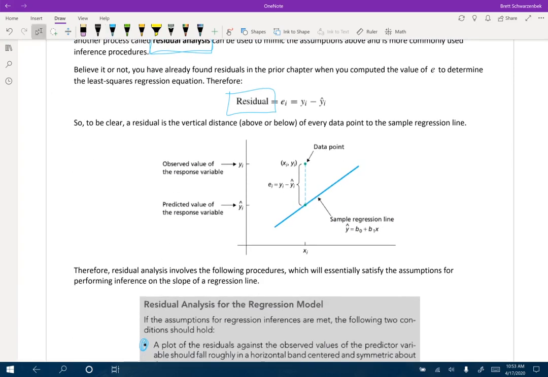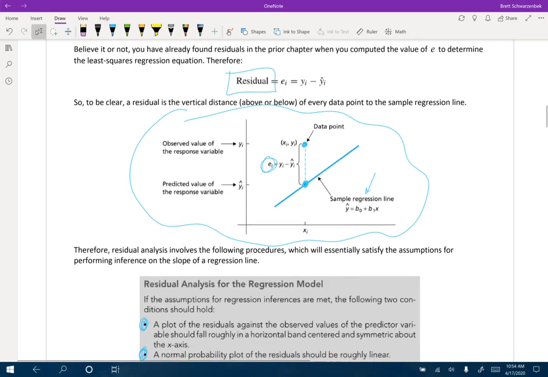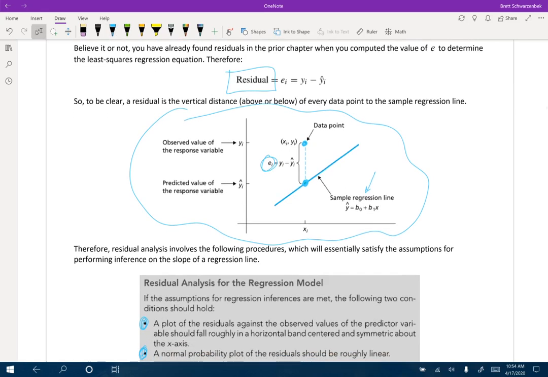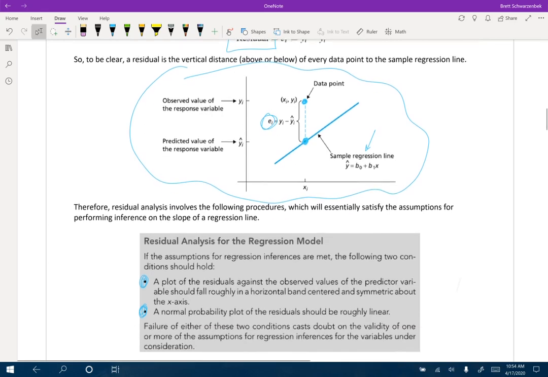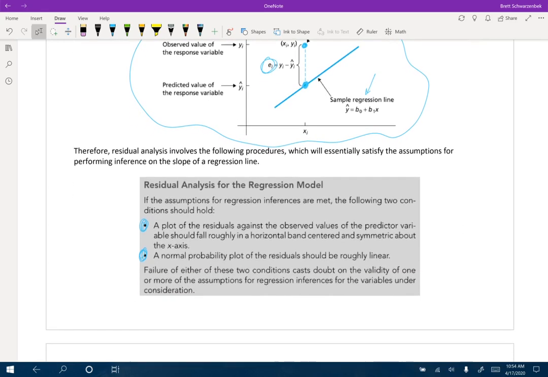Just to give you a summary, you have a predicted sample regression line, a coordinate that you got from the data set, and a coordinate that you can predict from your value of X. When you subtract the Y's, you get the residual E. There's going to be a residual for every single data point, and we're going to use that in order to do our residual analysis.